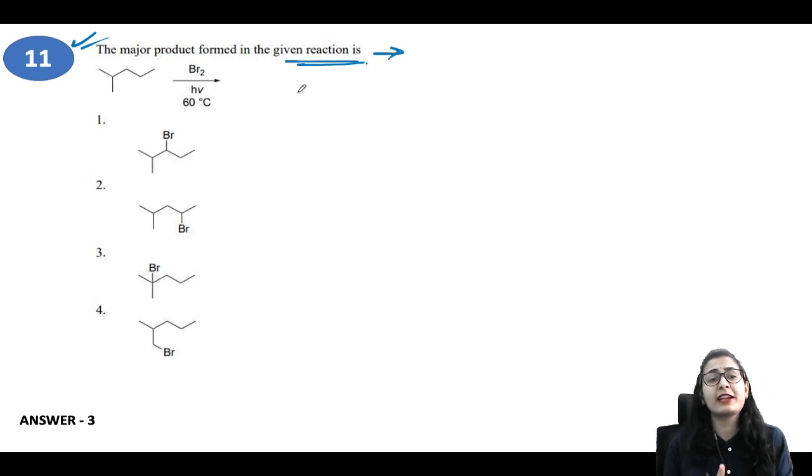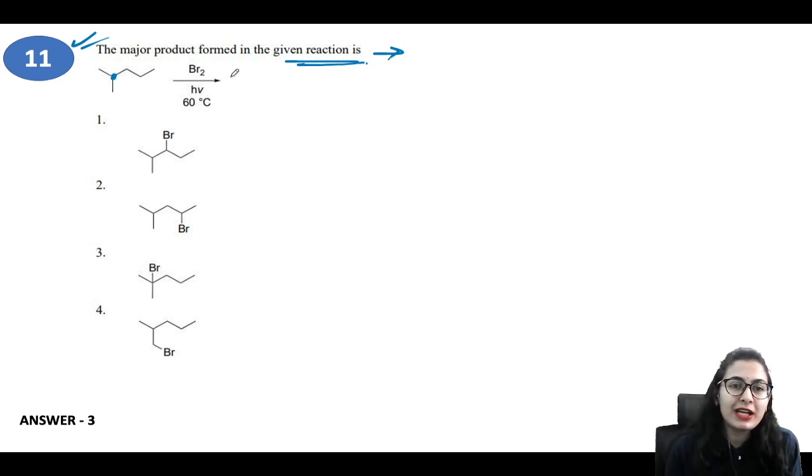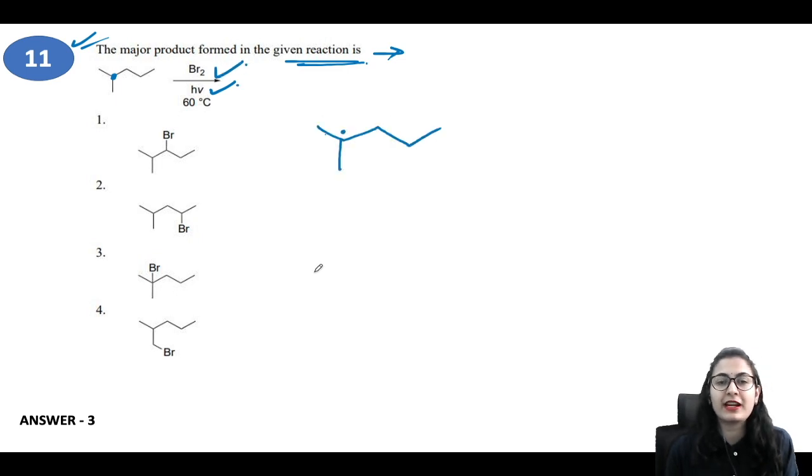Again, this kind of question has been asked in the GATE exam, although the molecule was different. Yes, a toluene molecule was used. In the presence of light, we are doing bromination. That is going to give you the more stable radical first.